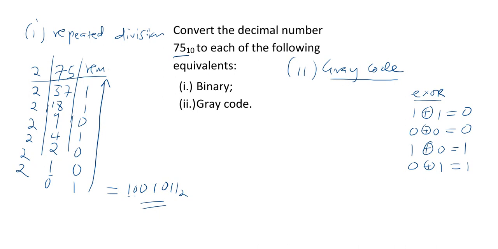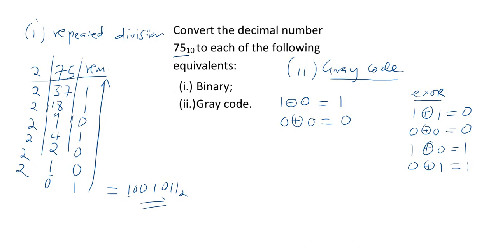So using our binary number, we shall be XORing 1 and 0. Then we go next with 0 and 0, 0 and 1, 0 and 1, then 1 and 1. So we have 1 XOR 0, which is 1. 0 XOR 0 is 0.